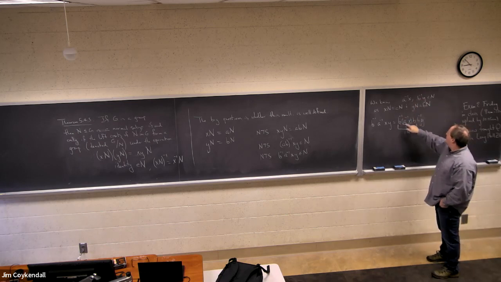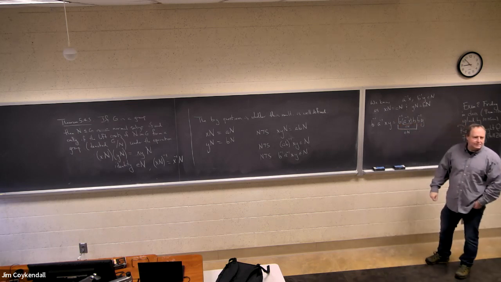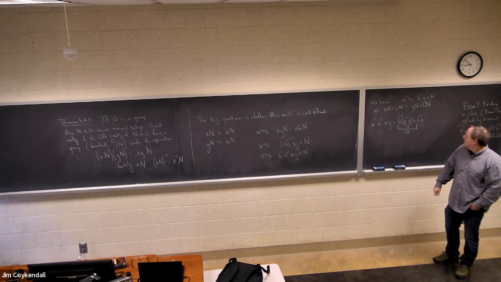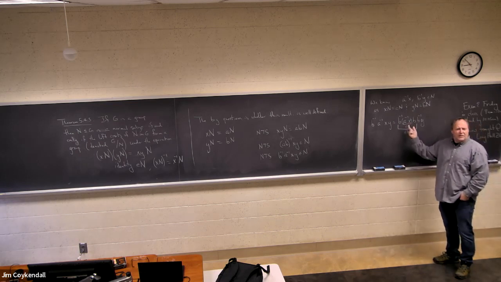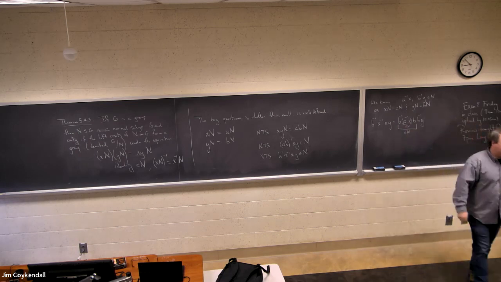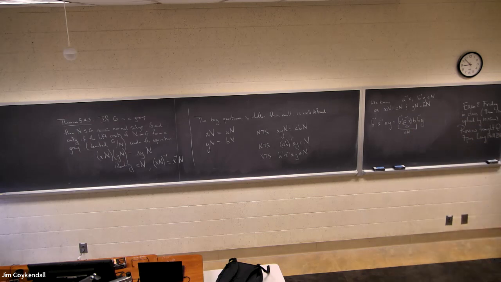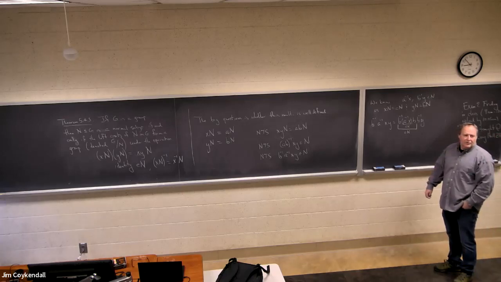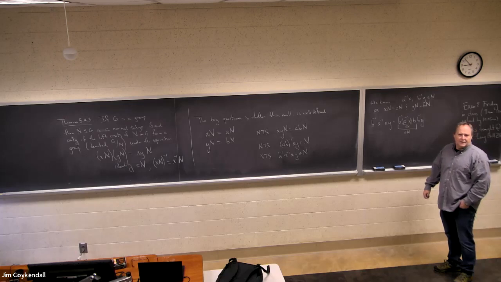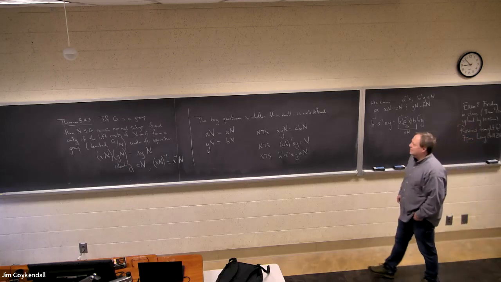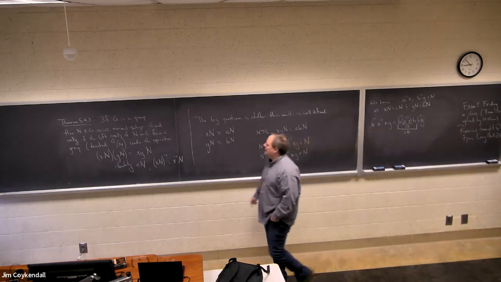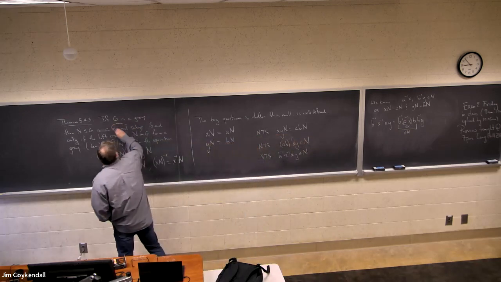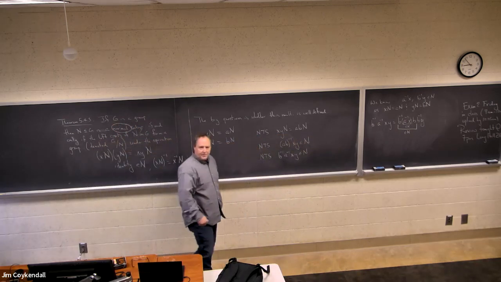But why, when I bookend this with B inverse and B, is that in N? No, because I don't know that I can shuffle that around. But it's the same element. No, not necessarily. Well, what do you know about the subgroup N? What do we assume about it? We assume that N is normal.